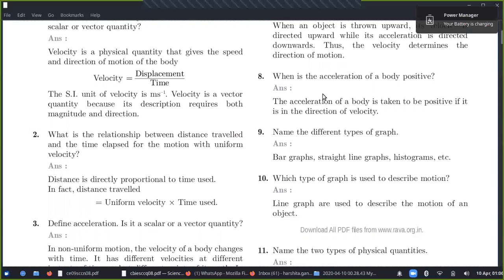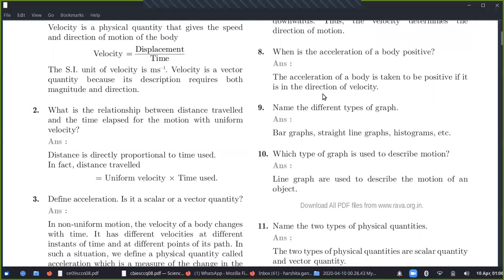So in that case, we will say that the acceleration of a body is positive. Whereas if the ball is thrown upwards, as in question number 7, there we will say the acceleration of the body is negative.